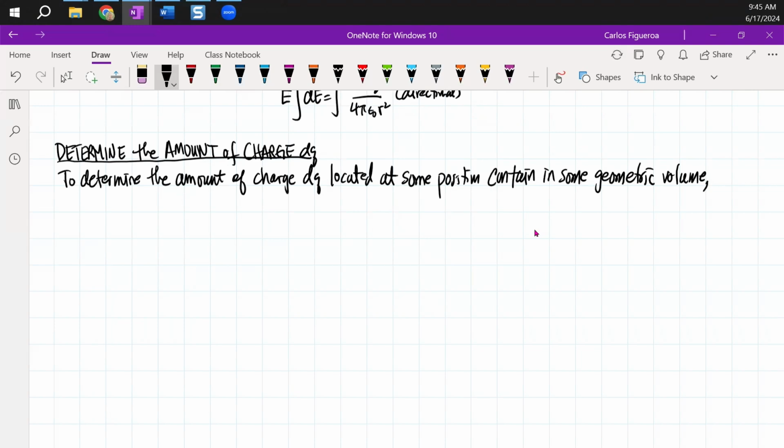So to determine the amount of charge that's in there, we need the charge density function.